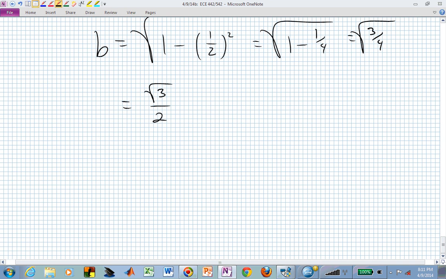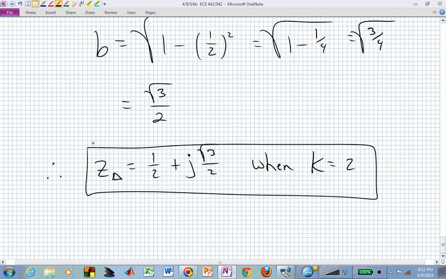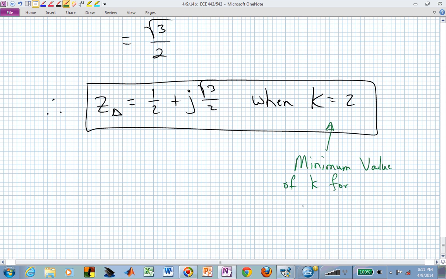We now know then that z delta is 1/2 plus j square root of 3 over 2, and that is going to be z delta when k is equal to 2. This is now the minimum value of k for stability.